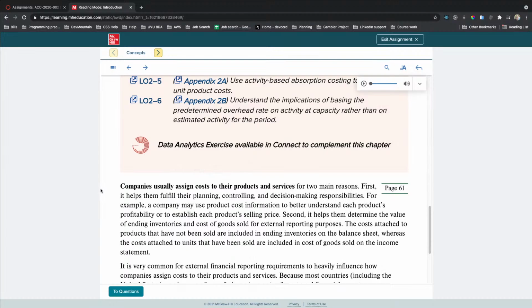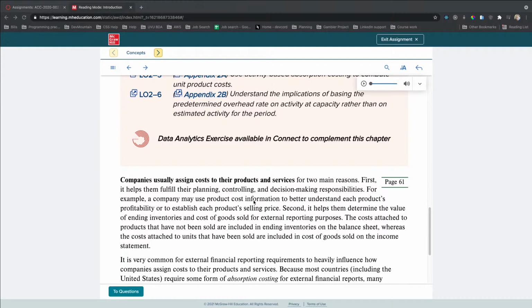Companies usually assign costs to their products and services for two main reasons.